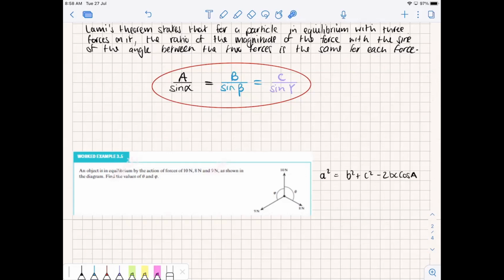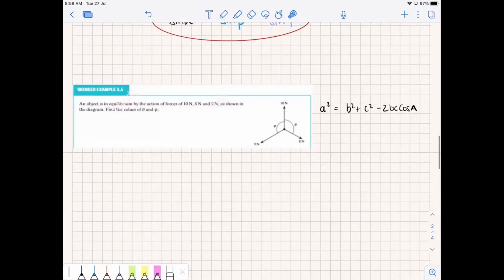However, we also have the cosine rule. I've written the cosine rule up over there for you: a squared equals b squared plus c squared minus 2bc cos A. That's just a fancy version of the Pythagoras theorem for triangles that are not at 90 degrees. The nice thing with the cosine rule is it can solve a number of things, depending on what information we have.